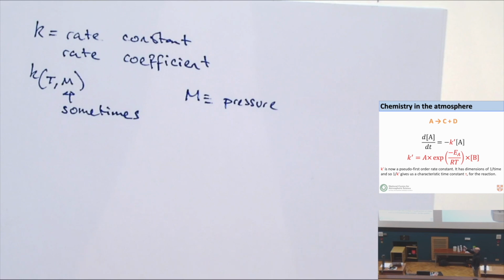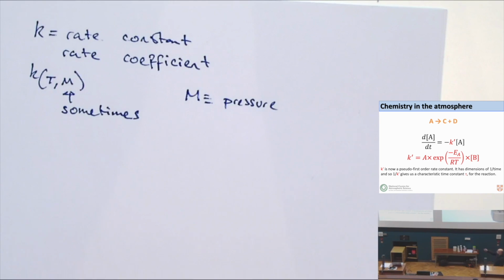And we've introduced a new rate constant here, k prime, where k prime is just equal to k, our original expression, times the concentration of B. What we've done is gone from what we would have called a second order rate constant, second order because it depended on two concentrations, to what we call a first order or pseudo first order rate constant.